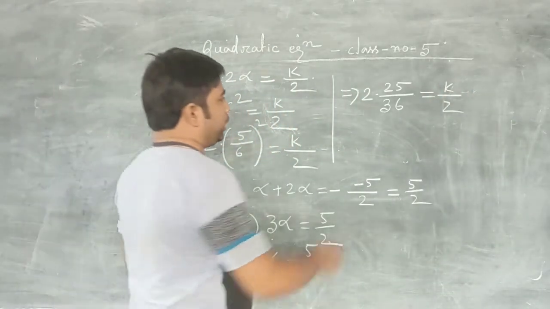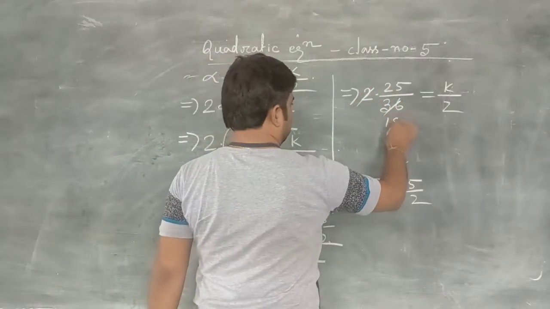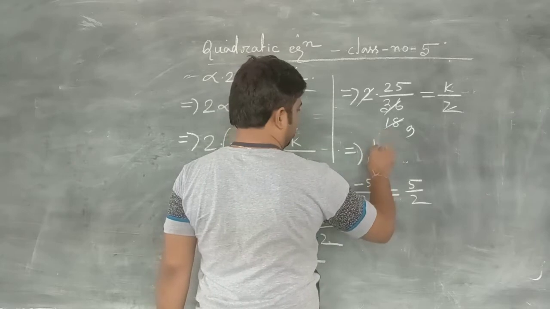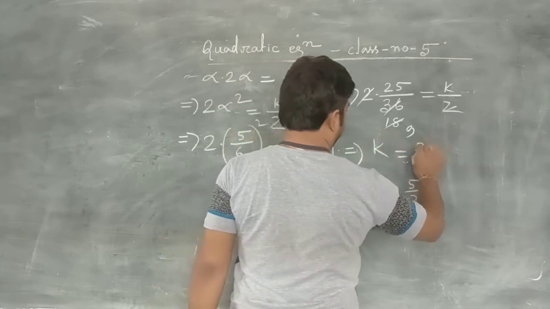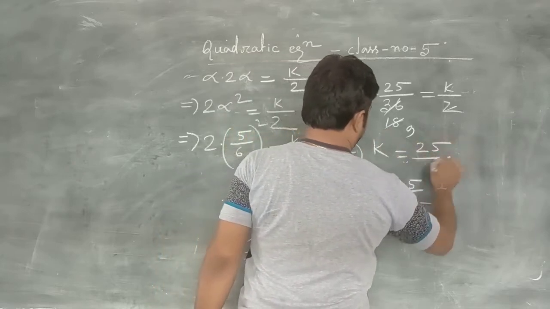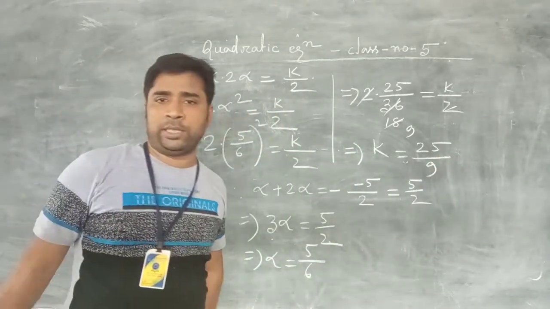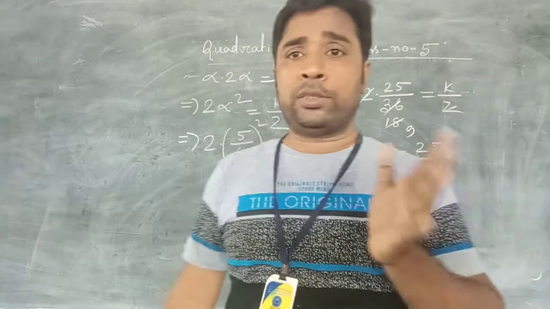So how much will you get? This is 18 and this is also cancelled, so this is 9. So k equal to 25 by 9. So the sum is done in a very simple way. So question number 4.1 is completed.